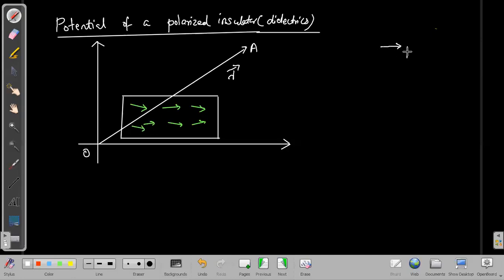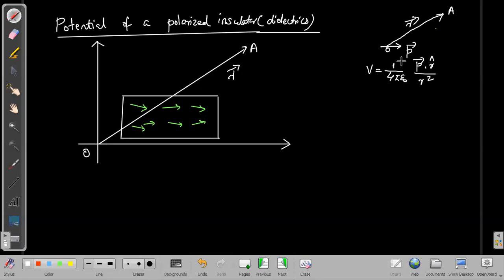If you have a physical dipole p, then the potential produced by that physical dipole at point A, which is at a distance r from it, is given by V equals 1 by 4 pi epsilon 0 p dot r cap by r square. Here r is a vector connecting the center of the dipole to the field point.